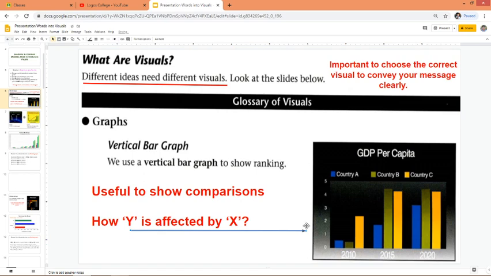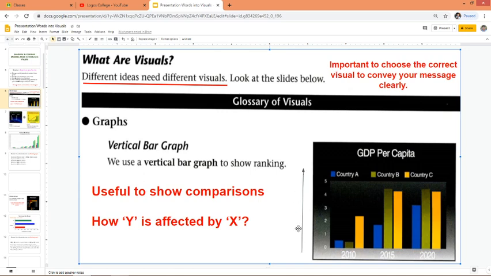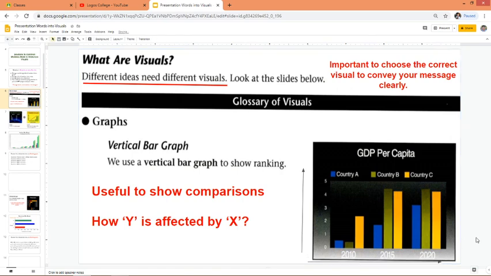It's the up and down axis. Let me show you better, because I know a lot of people have been confused about what the axes are. This is the y-axis, up and down, and your x-axis is left and right. So this is your x-axis down here. You have your y-axis and x-axis.